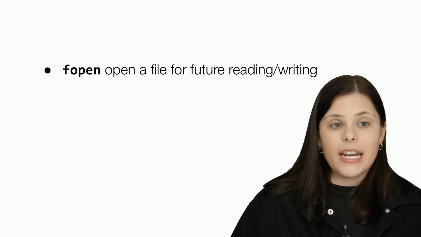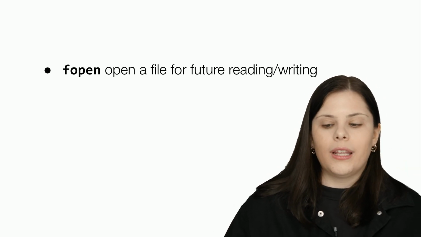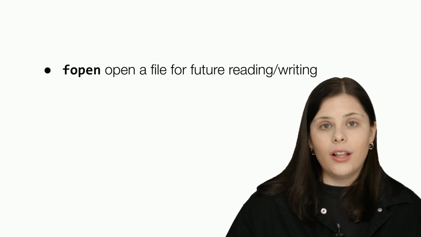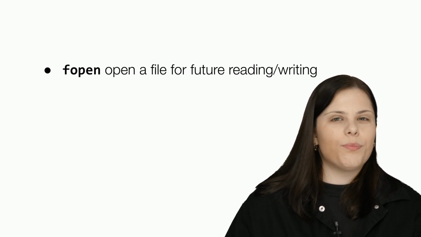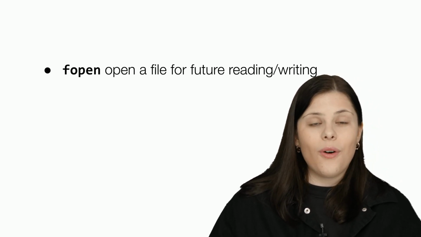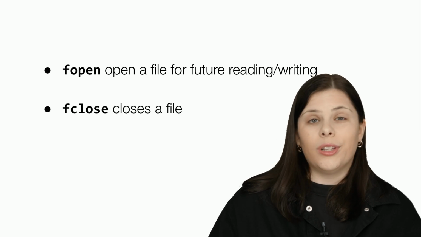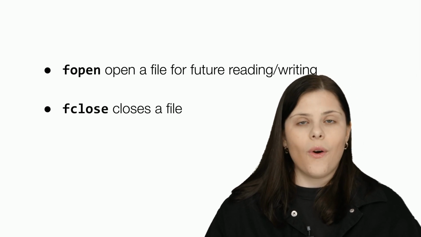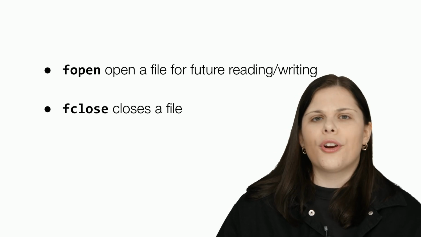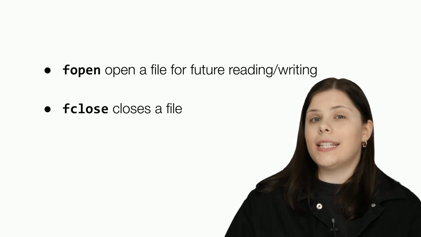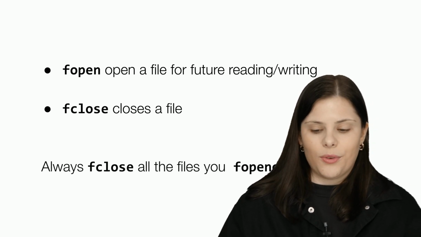The first one is fopen. This will allow us to open a file to either read or write into it. As I mentioned briefly just a few minutes ago, it is really important to close those files. So if we fopen anything, like a file called input or a file called output, we must close it after we're done with it.